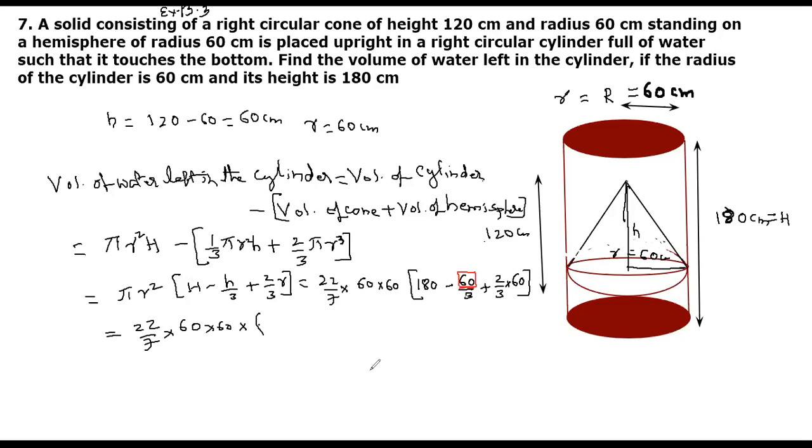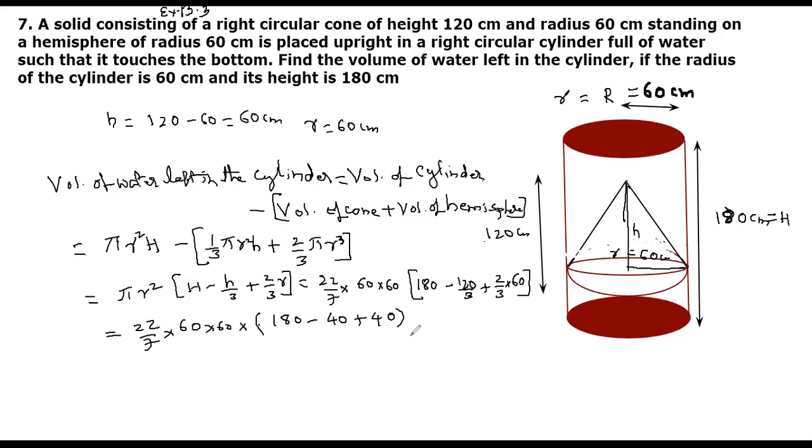So h is the height we have taken. Instead of this height, if we put 120, now 180 minus 3 4 the 12, 40 plus 3 2 the 6, 2 3 to the 6, 2 to the 4, 40.